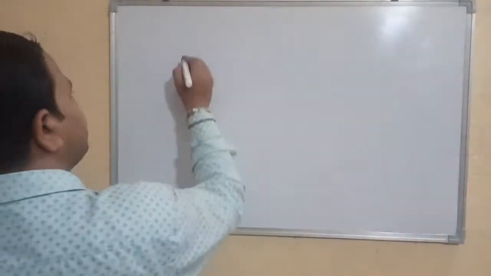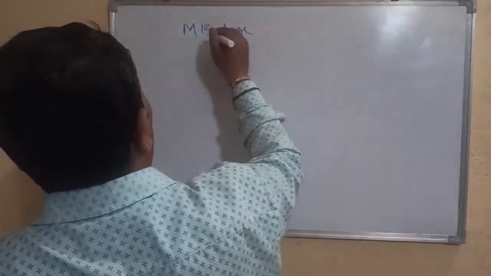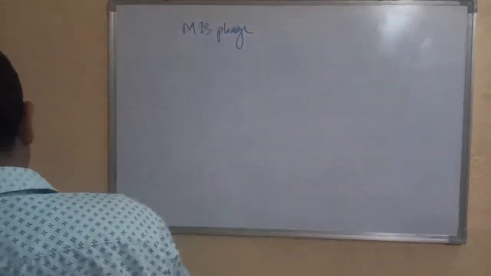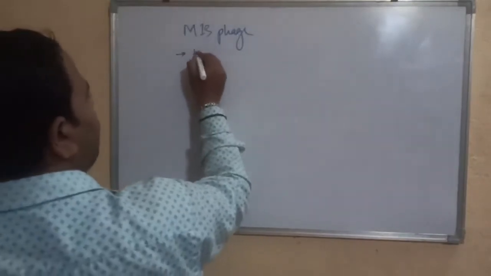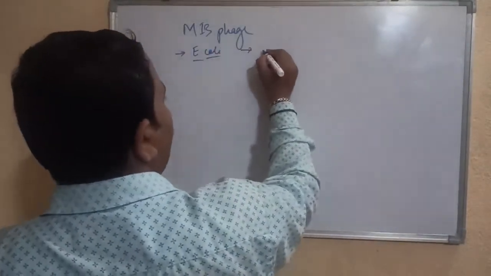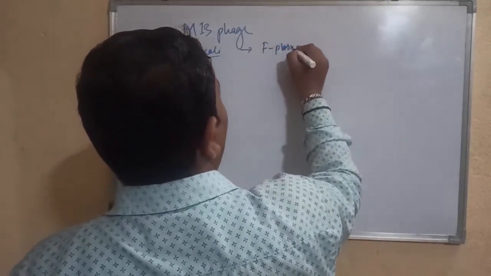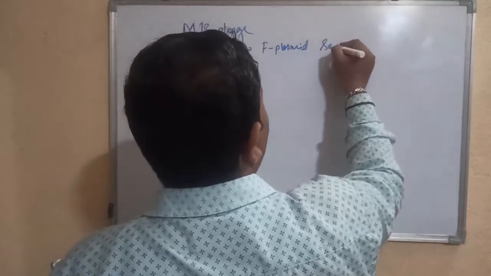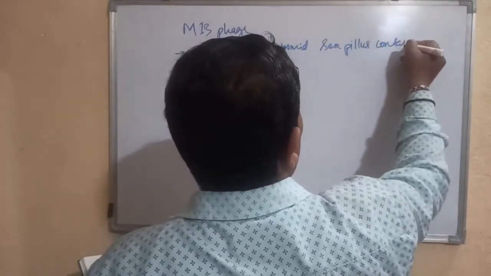M13 phage. This is also a bacteriophage that infects E. coli, but the peculiarity here is it only infects cells containing the F plasmid, or sex pili.